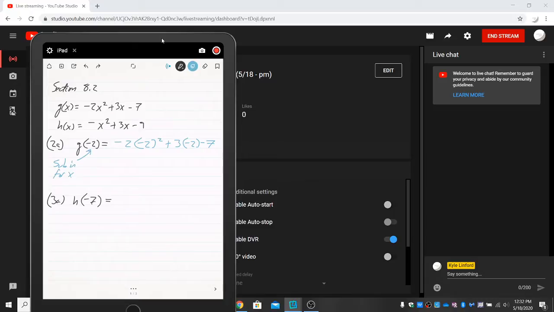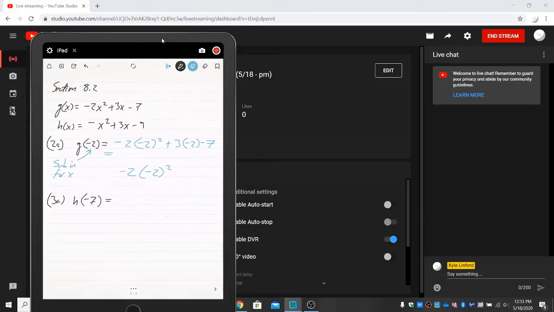You'll notice that any time I plugged it in, I used parentheses. The reason being, one, it helps me to see what was substituted in. But again, like I mentioned in the morning live stream, it's really going to help us when we deal with exponents. Let's take a look at this first operation here. We have negative 2 times negative 2 squared. What should we do to simplify this? Hopefully you're referring back to the order of operations, and you're saying we have to do the exponent first before we can multiply the terms.